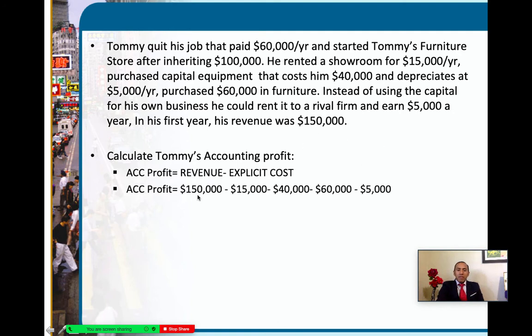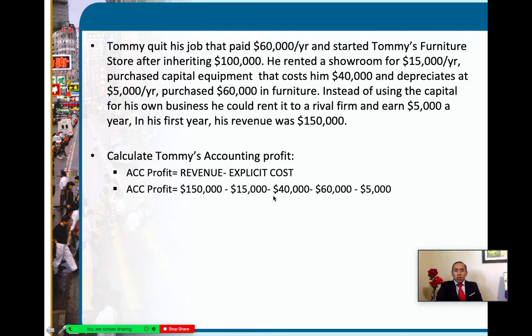So we have $150,000 minus the cost of operations, which is the $15,000 in capital equipment, minus $15,000 for his showroom, minus $40,000 for his plant equipment and capital equipment, and $60,000 for all of the furniture that he's going to sell, minus the depreciation of the capital, maybe the infrastructure for the actual showroom.